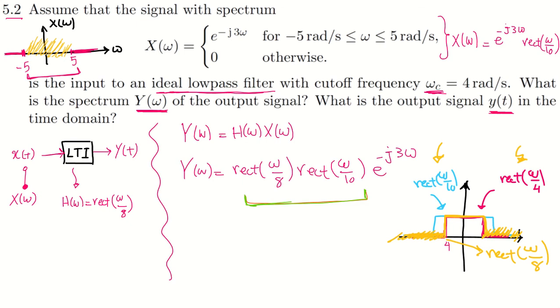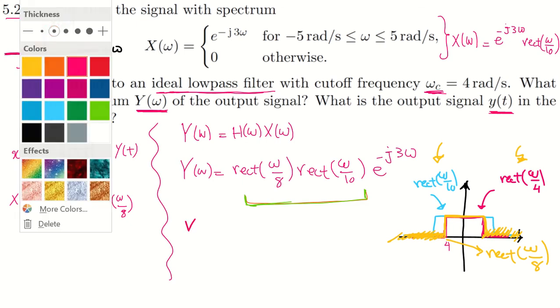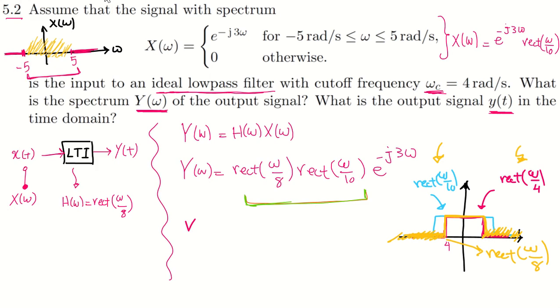So I can then write this Y of omega equals rectangular function omega over 8 times e to the power of minus j 3 omega.